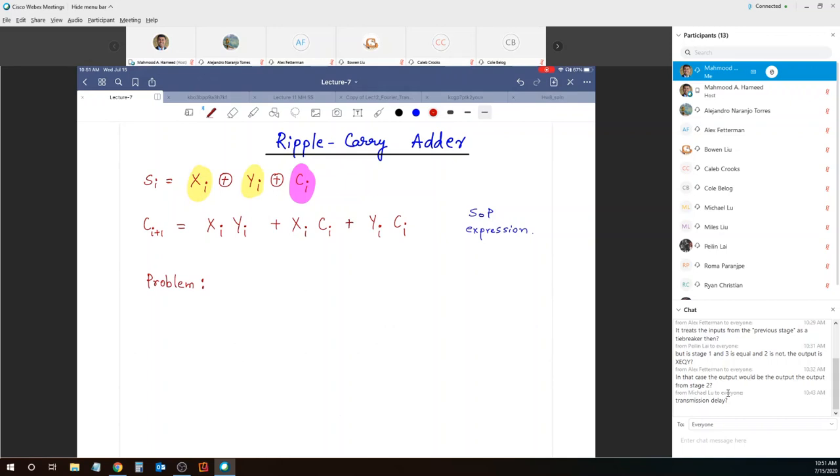Problem with the ripple carry adder is long delay, as carry bits ripple through from least significant bit to most significant bit.